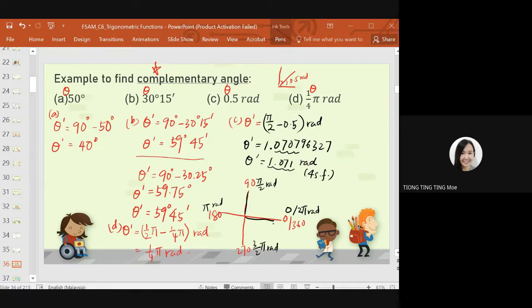Just remain in pi, no need to change into decimals. So the conclusion: the complementary angle is 90 degrees minus the angle in degree form, but in radian form it is 1 over 2 pi radian minus the angle in radian.